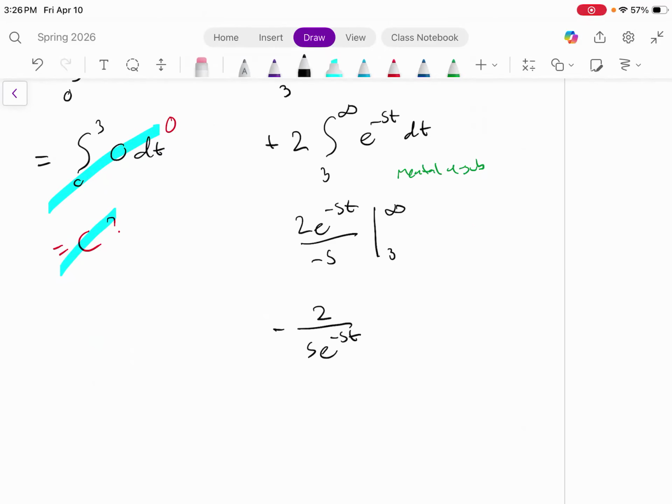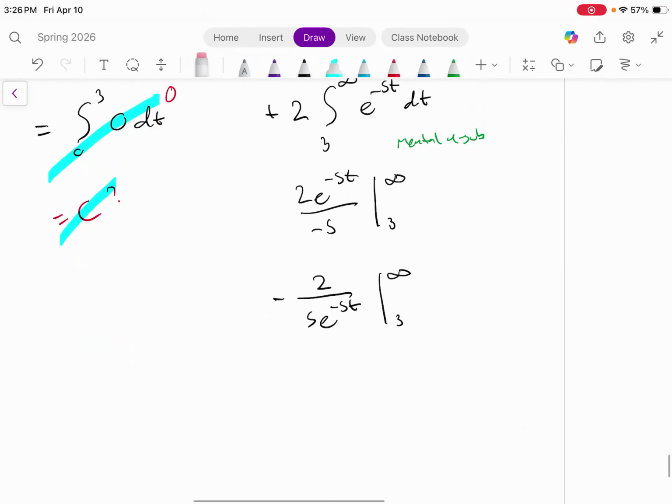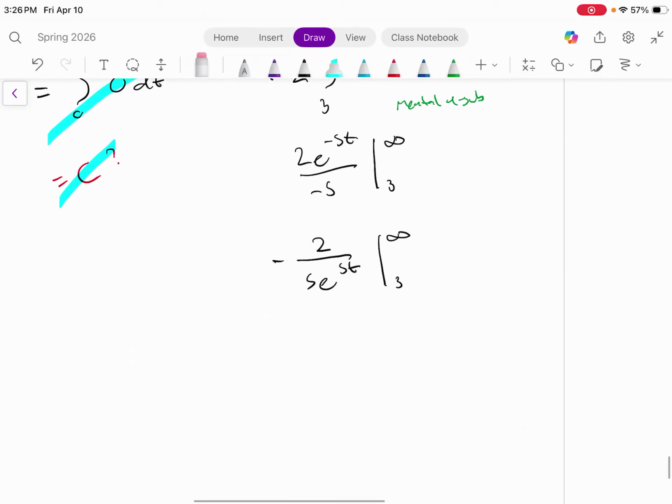I'm going to move the negative out in front. We're going from 3 to infinity. Excuse me, this isn't a negative right here, just e to the st. And we go ahead and plug in our bounds now. So this is like negative 2 over s e to the s times infinity minus negative 2 over s e to the s times 3.